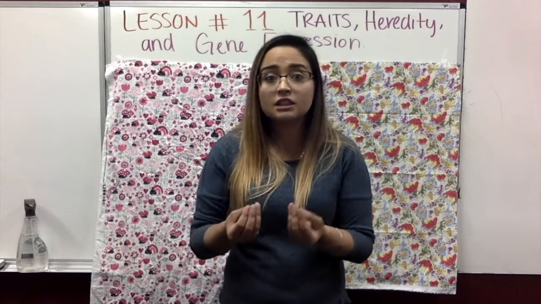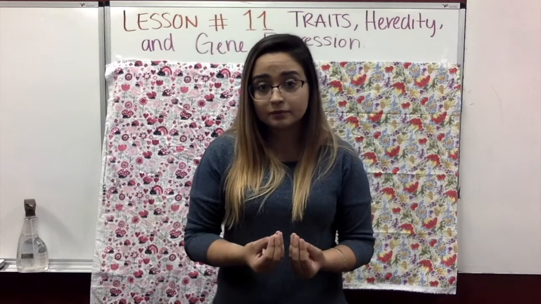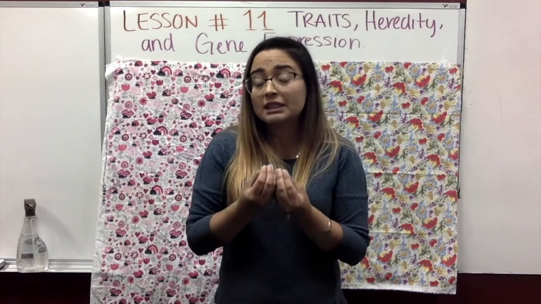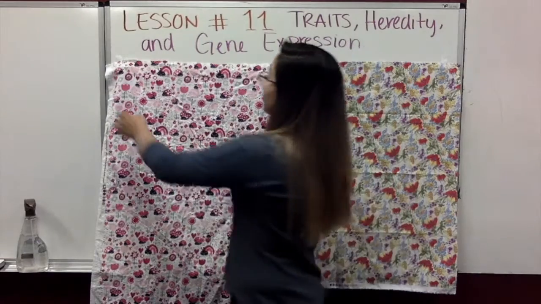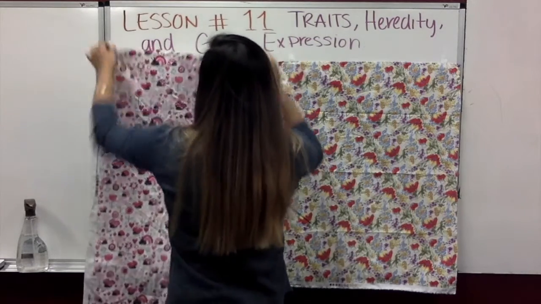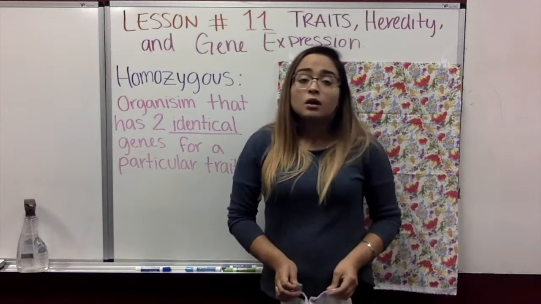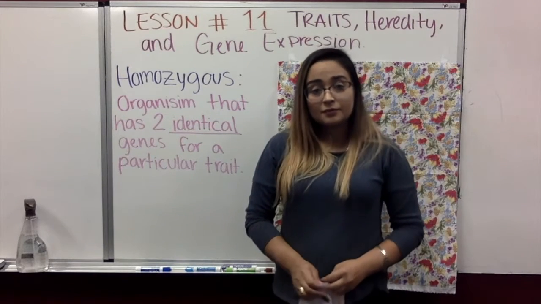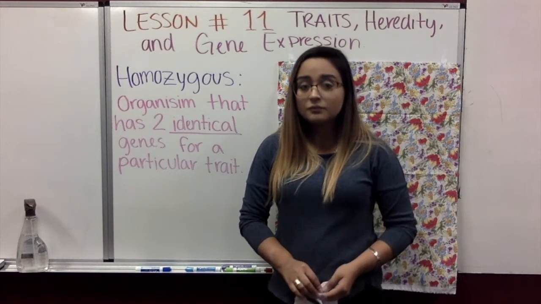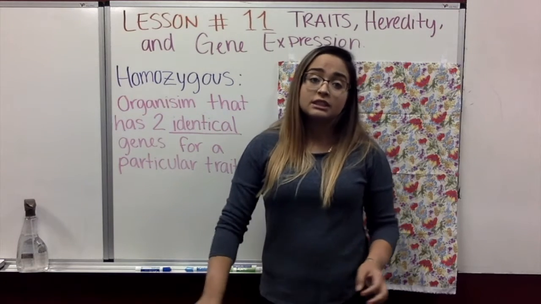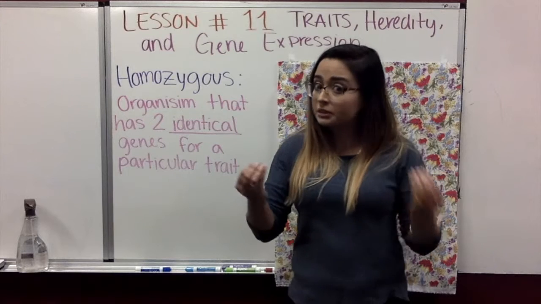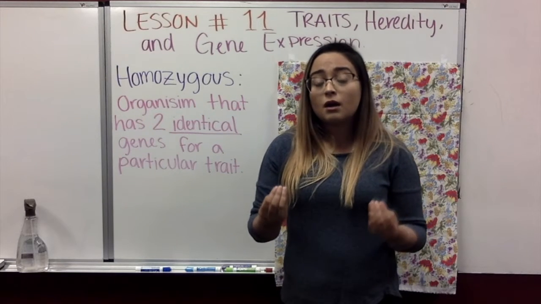He's going to send a gene that's identical to that one. Those two identical genes in that one organism are referred to as homozygous. Okay? This literally just means that the two genes that are received, one from each parent, are identical.